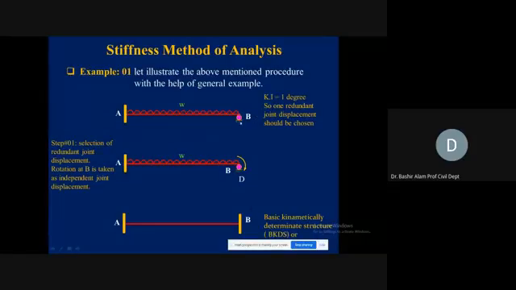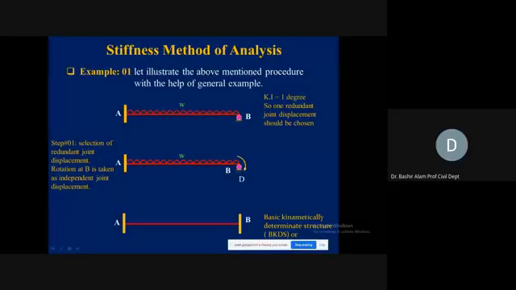Here I don't see any externally applied moment at this joint B, which corresponds to this D. So our AD matrix is going to be equal to 0 because we don't have any externally applied moment here. The moment applied here is in the counterclockwise direction and it is 1 kip/foot.